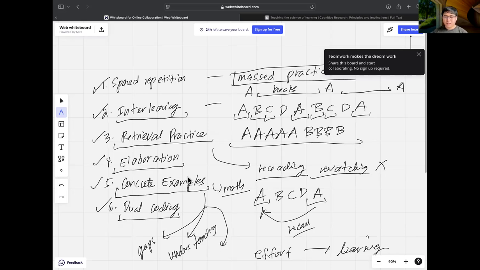Also, it feels slower, right? This feels slower. This feels harder, tiring. It's much more tiring to do these things, but you will reap the benefits because if you do these things, you can remember them better, you can understand them better, and in fact, research tells us that you can transfer this knowledge into other domains or other tasks much better, right?